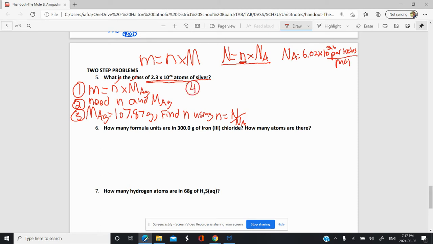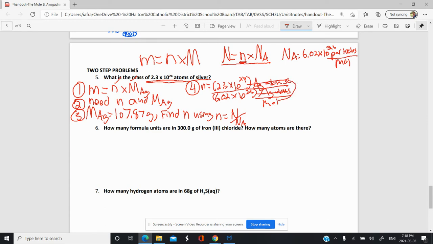Step 4, my number of moles is equal to the number of particles, which is 2.3 times 10 to the power of 24 Ag atoms divided by 6.02 times 10 to the power of 23 Ag atoms per mole. And so I can cross out Ag atoms, and mole is line over line, so it comes up.